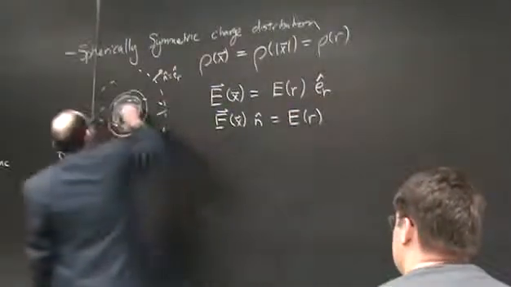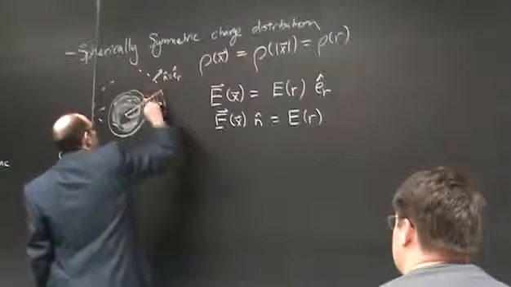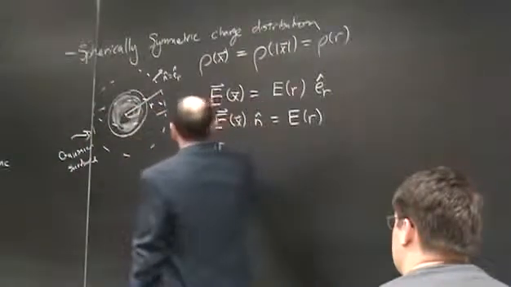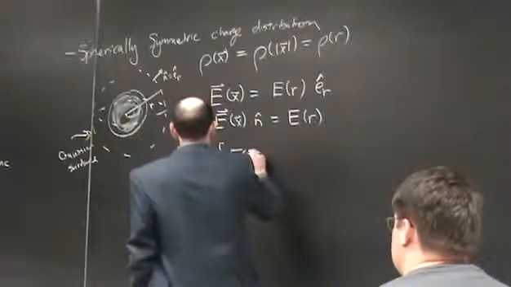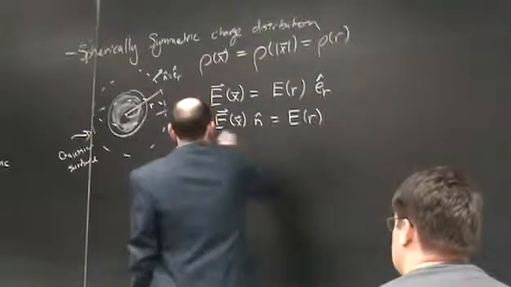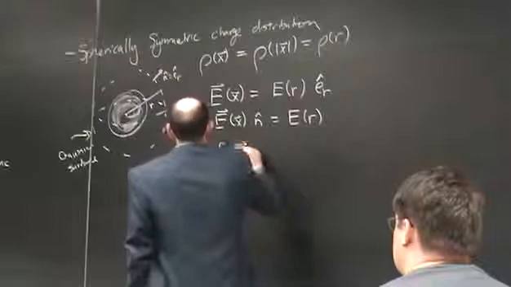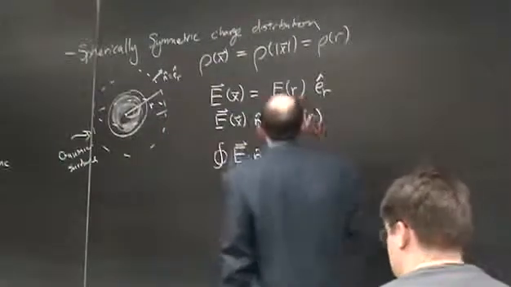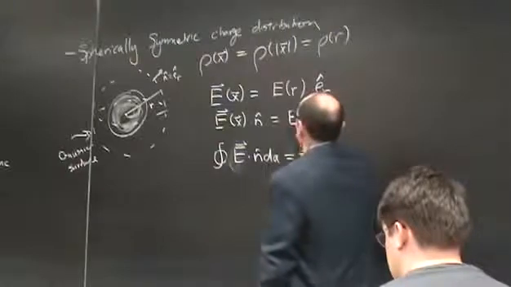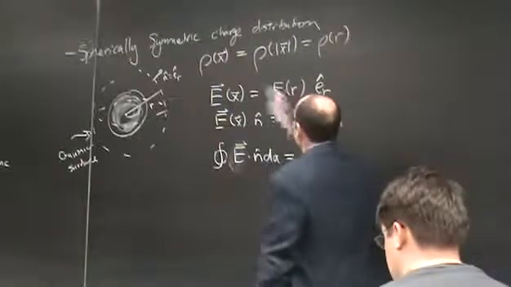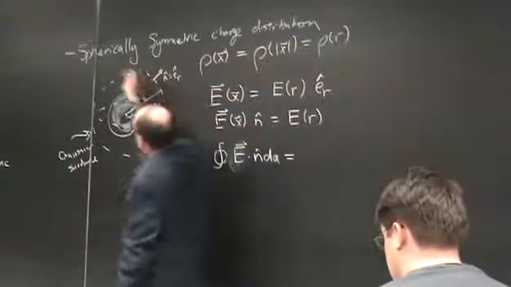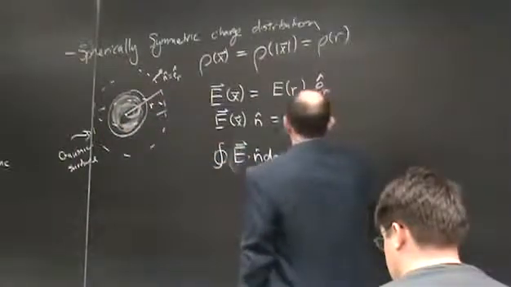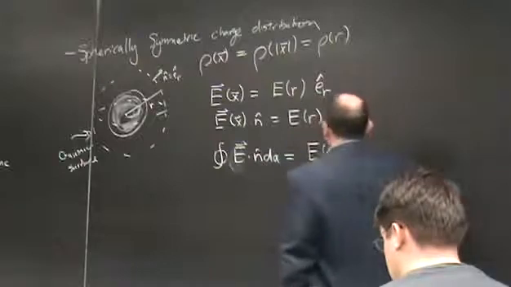if we call the radius of the sphere R, then the flux integral of E dot n hat dA, well, the electric field is constant. Its magnitude is the same everywhere on the surface of the sphere, and thus can be pulled out of the integral.